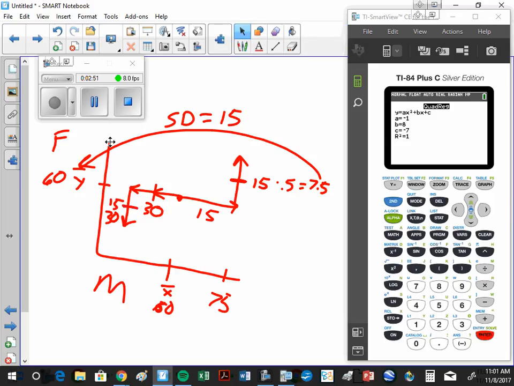And you'll notice this line right here is called the SD line: 1 SD right, 1 SD up; 2 SDs left, 2 SDs down. That would be the SD line. But the regression line is going to go through there.